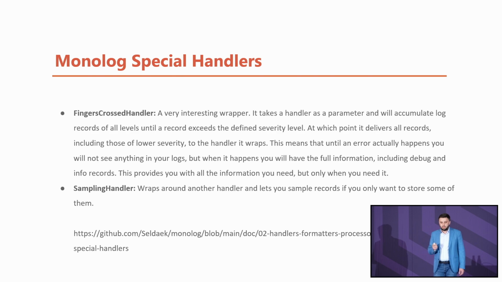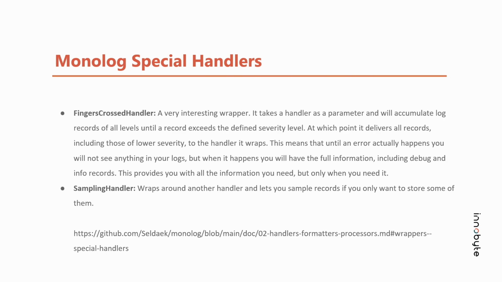And for special handlers, what do I find most important? The fingers crossed handler. I will have an example after a couple of slides, but the important thing about the fingers crossed handler is that you can flush the logs only if at some point a specified level of logging has been reached, for example, critical, error, I don't know, emergency.